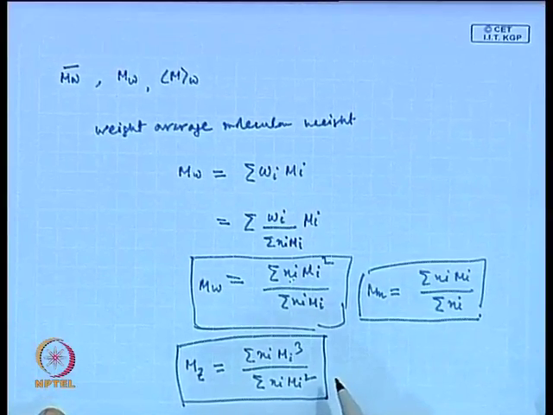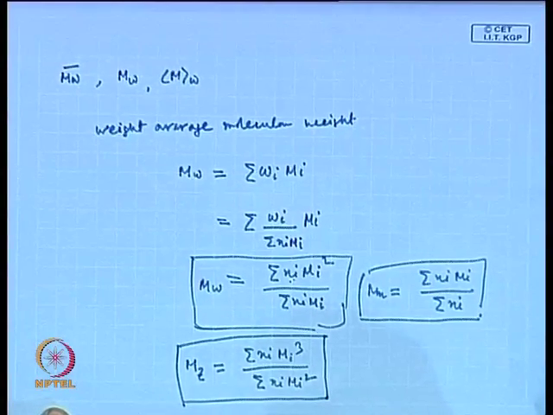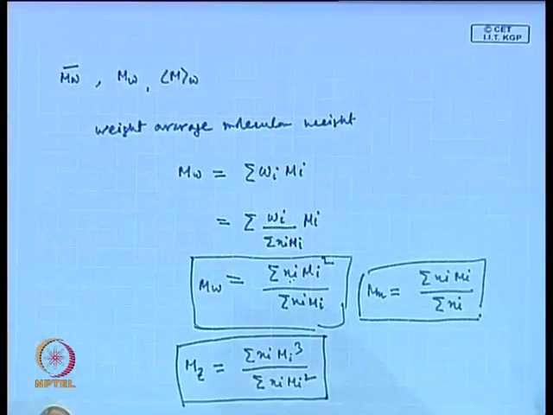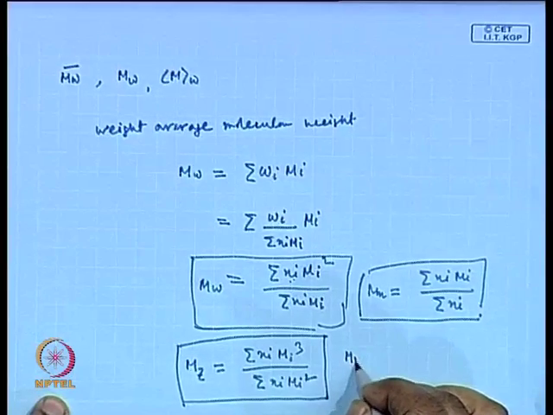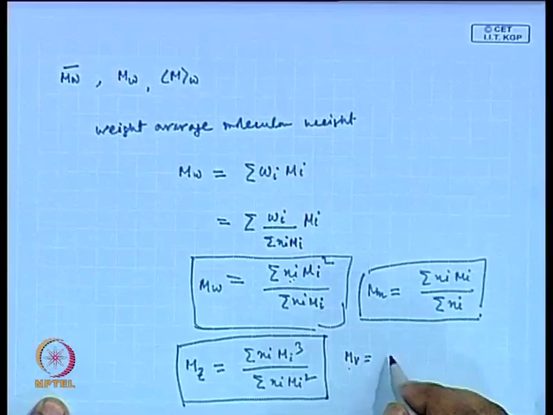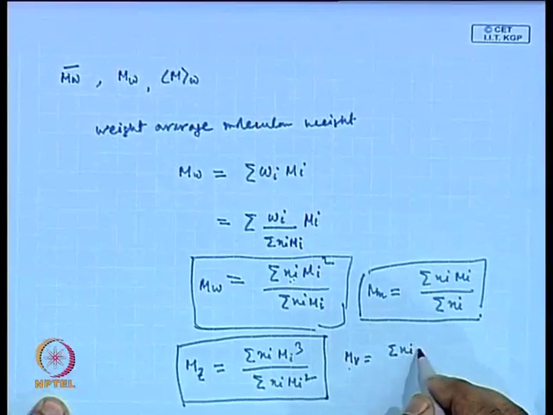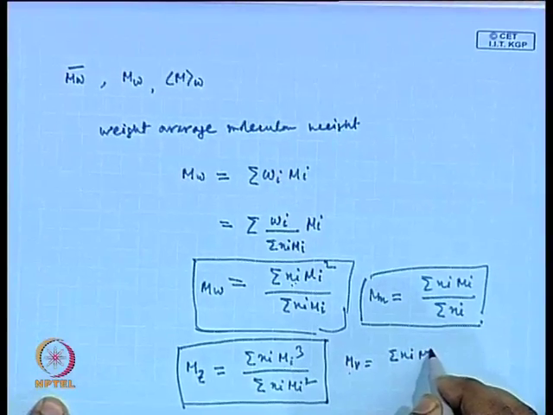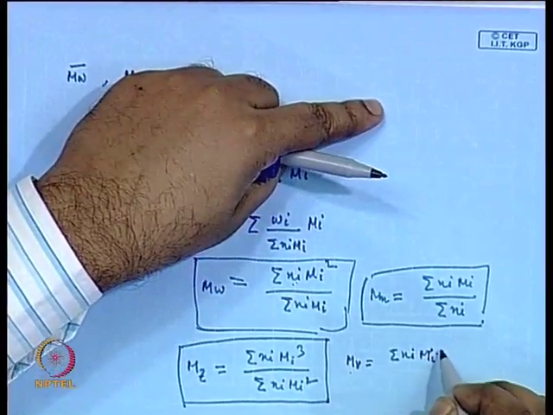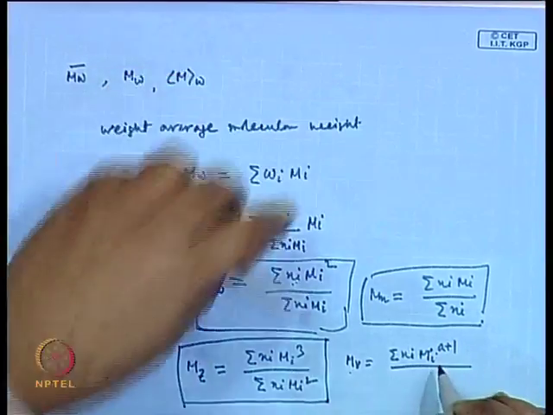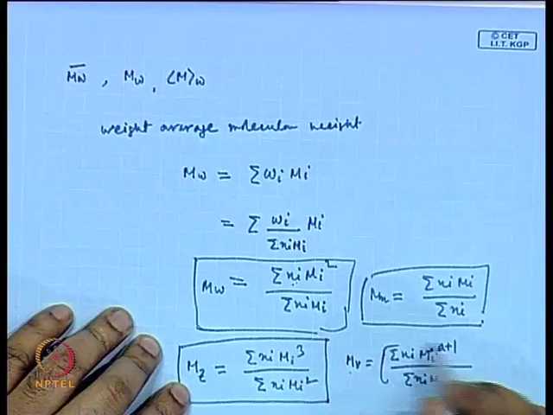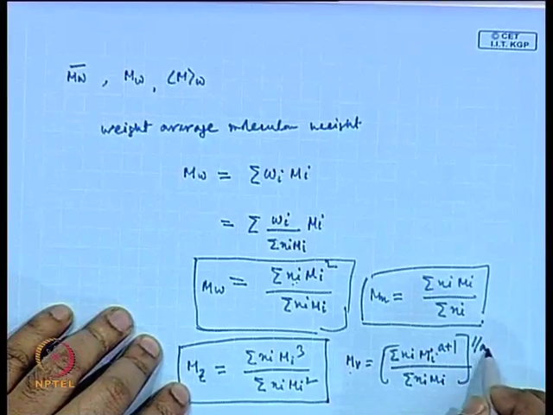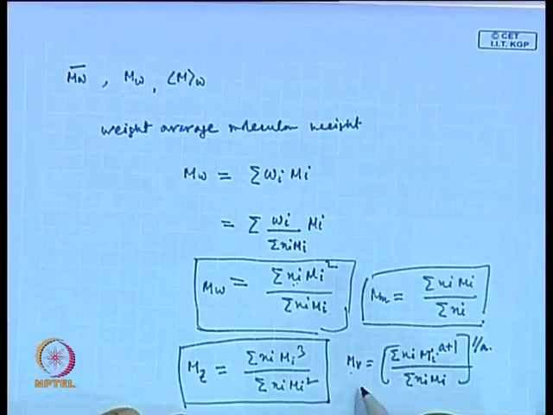And sometimes viscosity is used to determine the molecular weight, which gives you viscosity average molecular weight Mv, where all the expressions are similar, close to each other. So, this is viscosity average molecular weight.